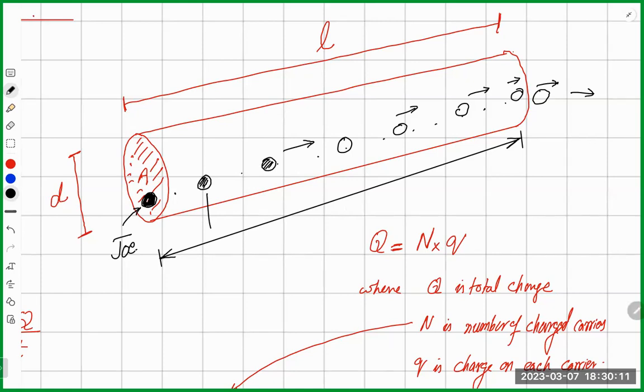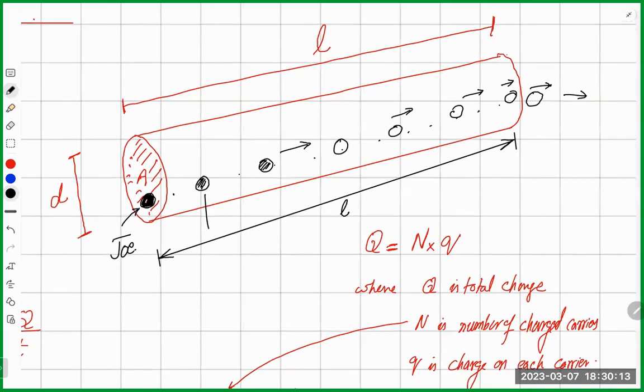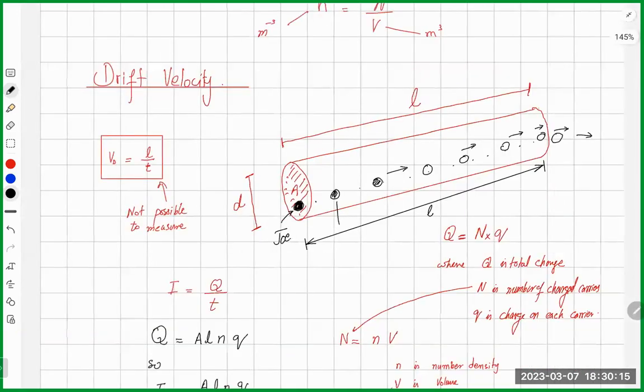If we know this length as L, and we know the speed with which it is moving, we can find out after how many seconds this Joe comes out. It is not a person, it is a name given to an electron. So if we know when Joe comes out from the other end and we use that time and this length, we can find out drift velocity.